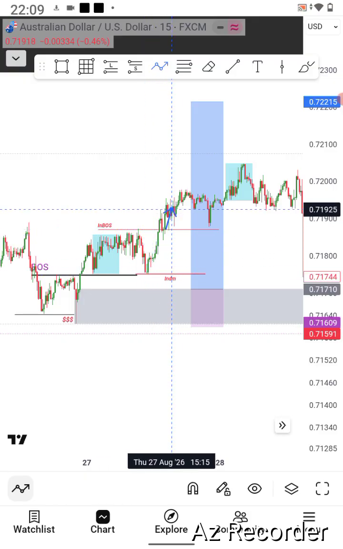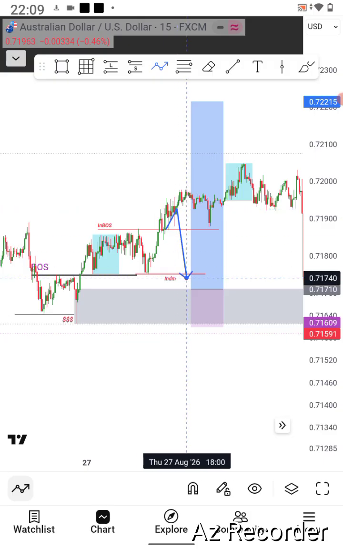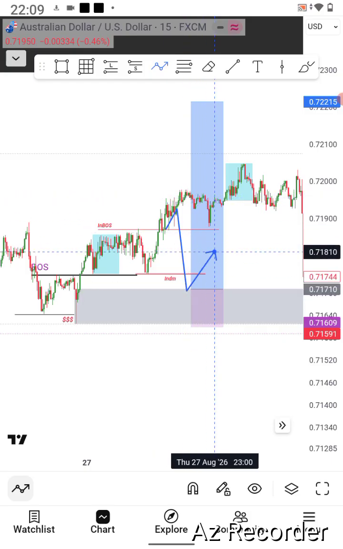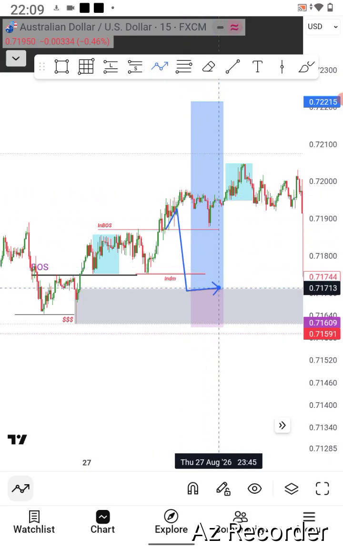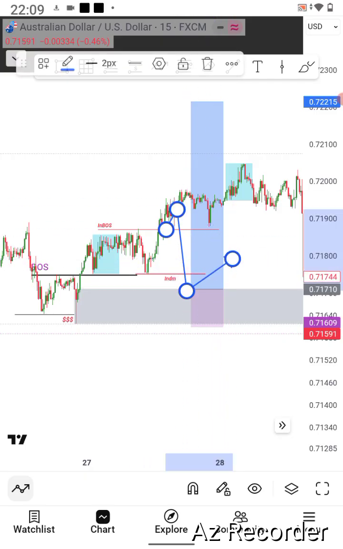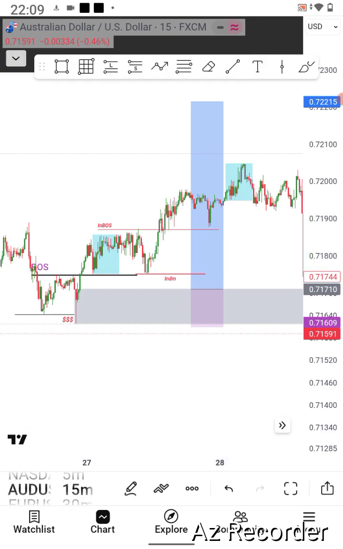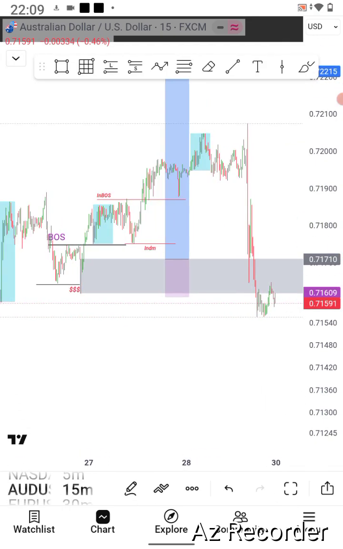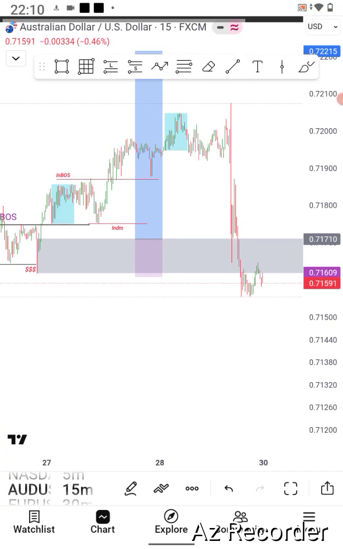So I was just expecting market to come and mitigate it, but it never did. So when I saw market continue its move, I just came and deleted the order. And when it got late, I just deleted the order. So I didn't take any of those trades because market did not give them to me. If I had left the order, it would have ended in a loss.